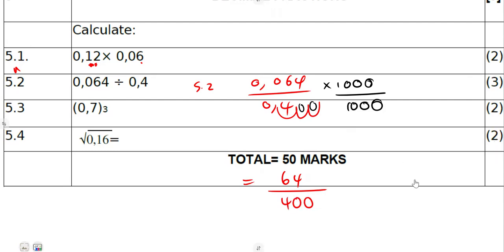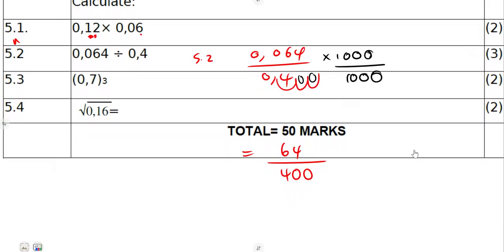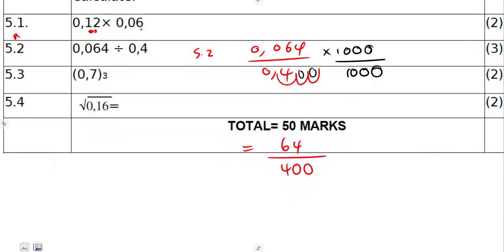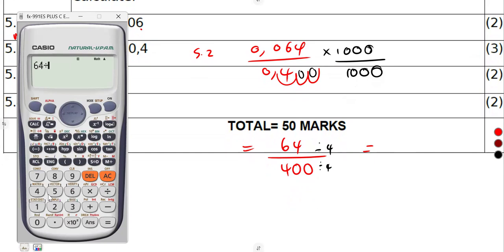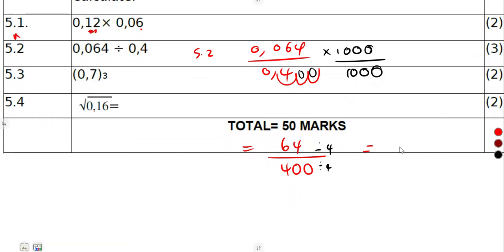So that is it. You can find the highest common factor between these two numbers and reduce by that one. Or you can just target to have a 100 here. You must divide by what? By 4. You must divide by 4. So 64 divided by 4 is what? That's 16 over 400 divided by 4.